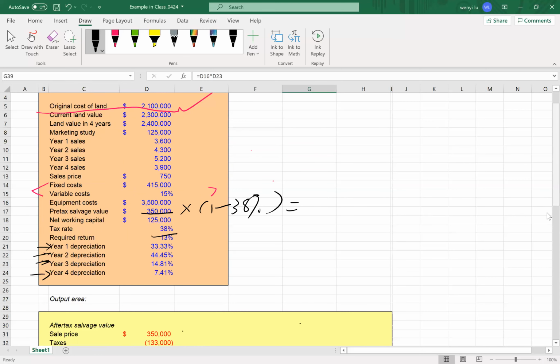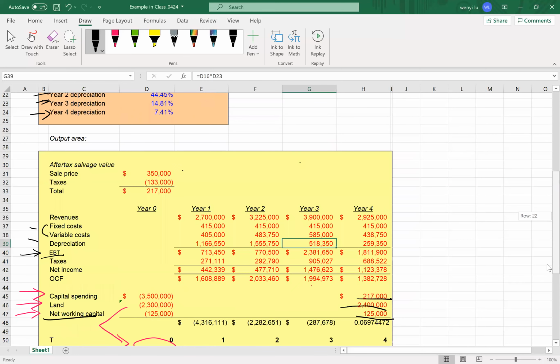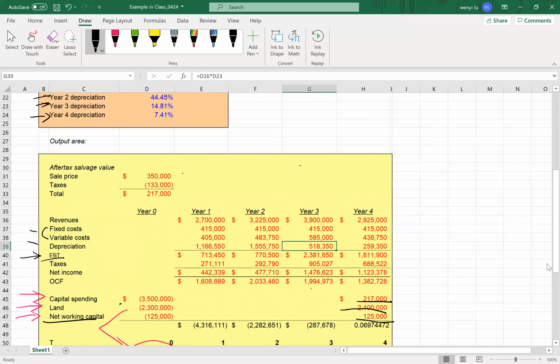You should write this number down as the time 4 cash flow for the after tax salvage value. You can see the number comes from the price of the salvage value before tax minus the tax, where the tax is the salvage value times the tax rate, 38%.